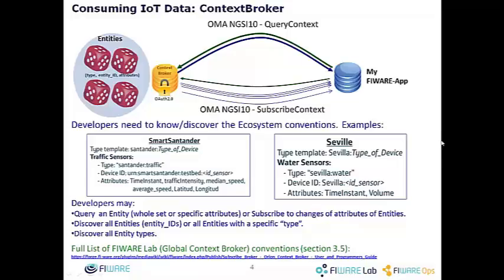Once you get the names, you can query an entity, as you know, for the whole set or just for specific attributes, or you can subscribe to changes of the attributes of some entities. You can, of course, discover all entities and all entity types. I mean, everything that we have seen in the previous webinar regarding the context broker, you would do if you consume data coming from IoT sensors.